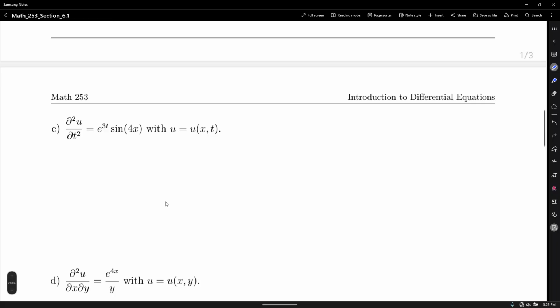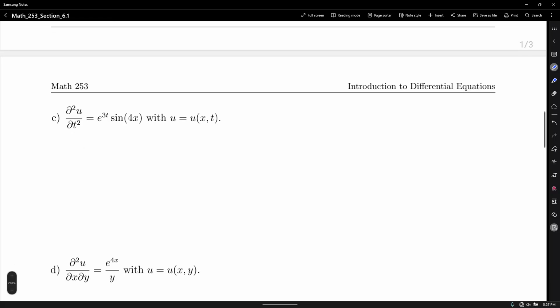Okay, let's have a look at the next one. Now we have a second order PDE. And guys, some of the more advanced second order PDEs require deeper understanding of Fourier analysis and many other techniques that we're not going to do.